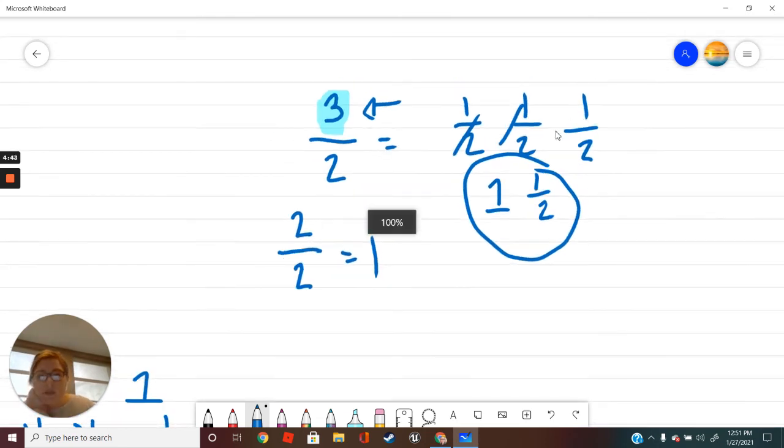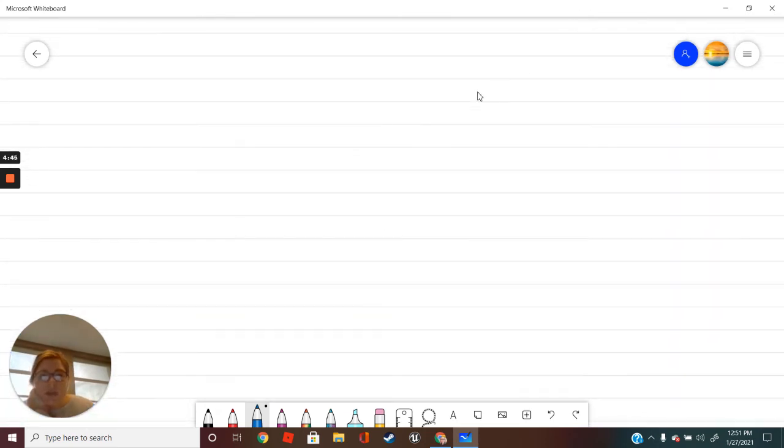All right, and then we can use division, like I kind of showed you in the beginning. So what if we have 5/4? This is an improper fraction because my top number is larger than my bottom number. My numerator is larger than my denominator, right?